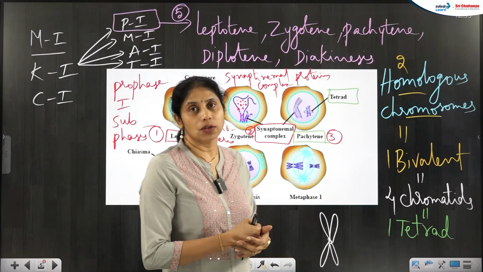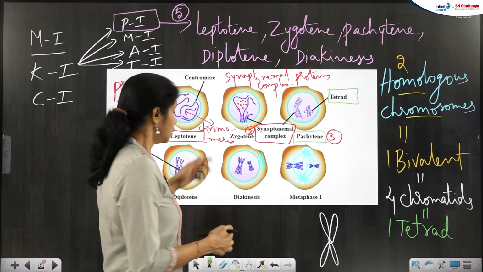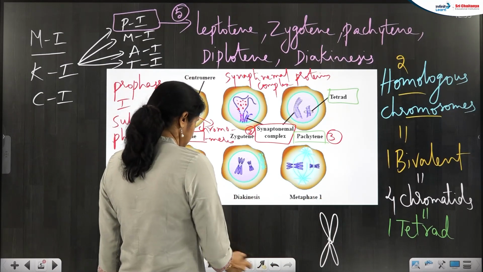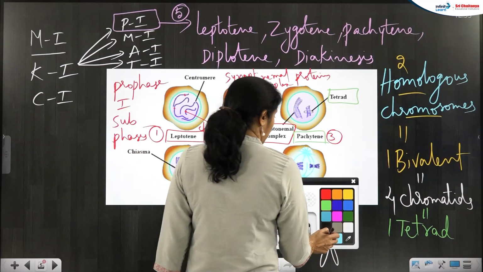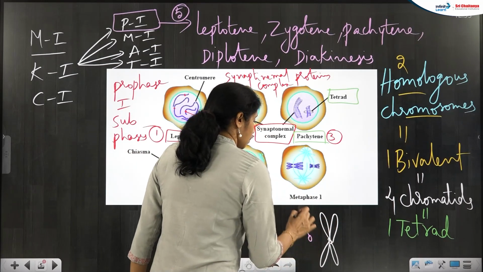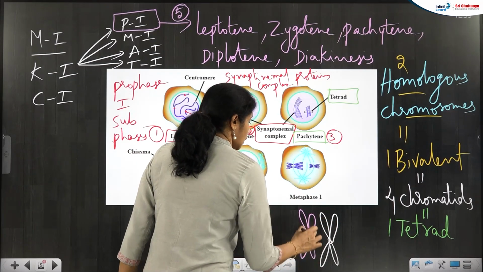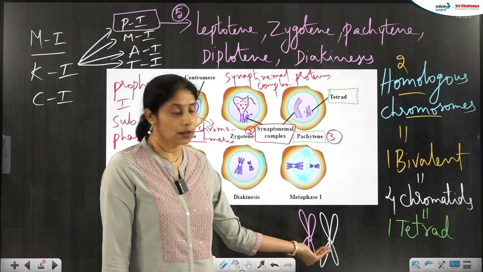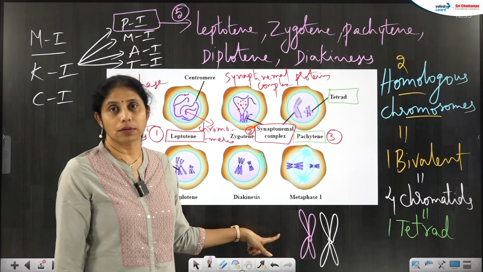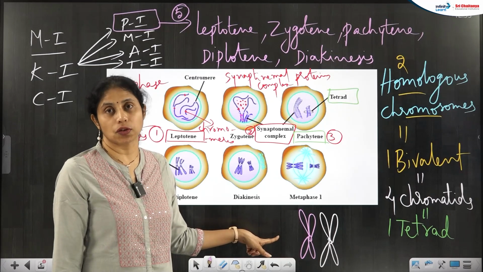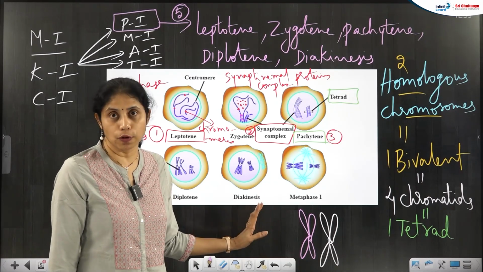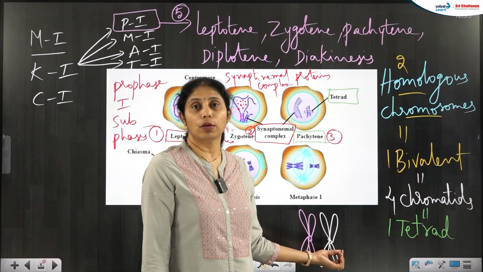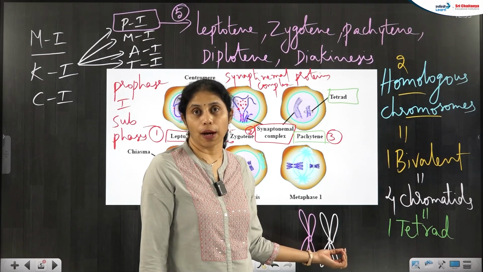In this stage, each chromosome has four chromatids here like this. In the tetrad we have the four chromatids. The two pink chromatids are called sister chromatids because they belong to one chromosome, and the white ones belong to one chromosome, so they are also sister chromatids.